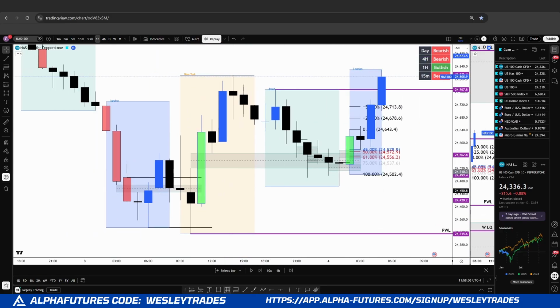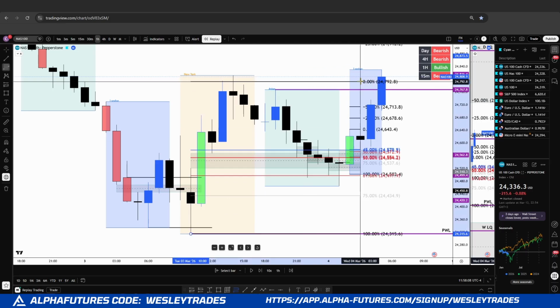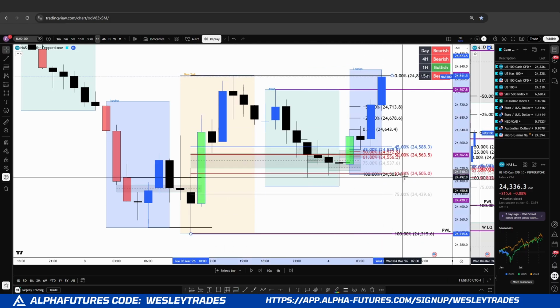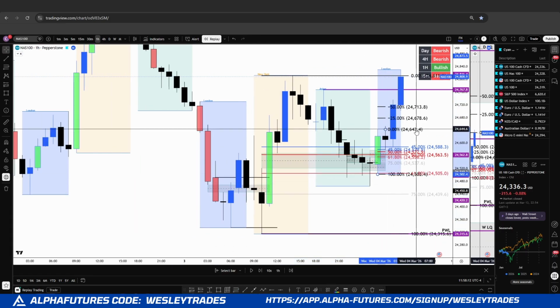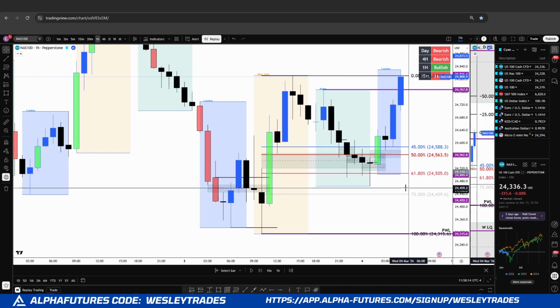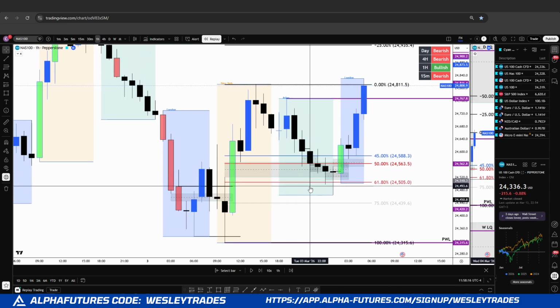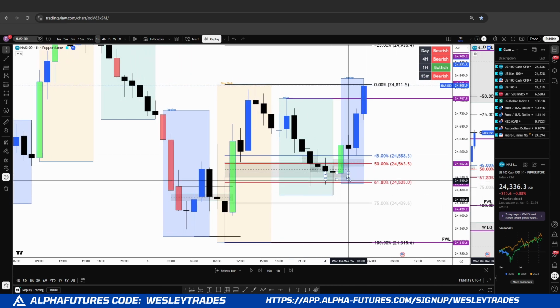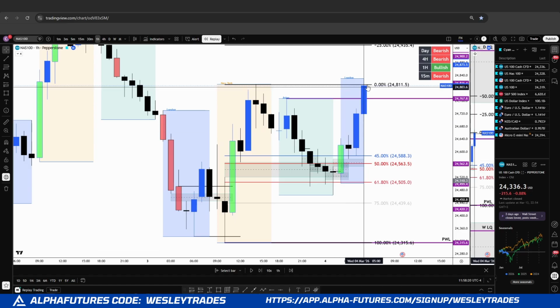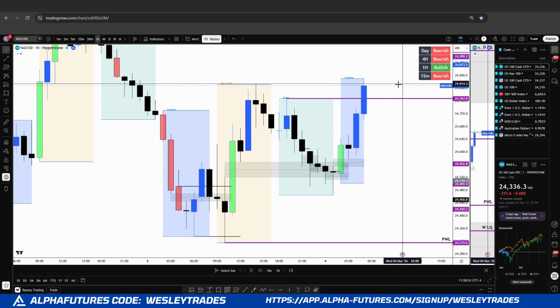And like I mentioned earlier, 61.8 Fibonacci retracement. Rejected, rejected, rejected. Boom. Started going up. Beautiful. Absolutely beautiful.